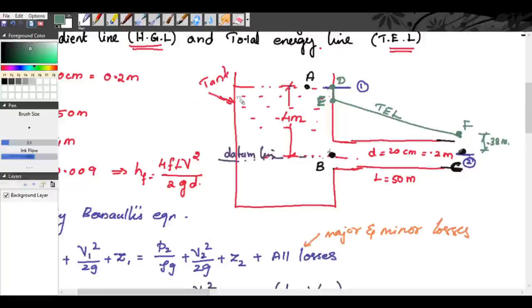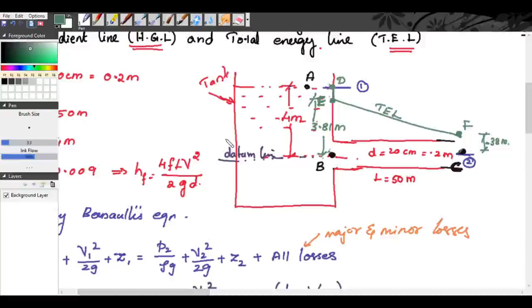So I will mark here, or here we will mark. So this is 4 meter and this is 3.81 meter. 4 meter, 3.81 meter and 0.38 meter. This is how you have to mark the total energy line.